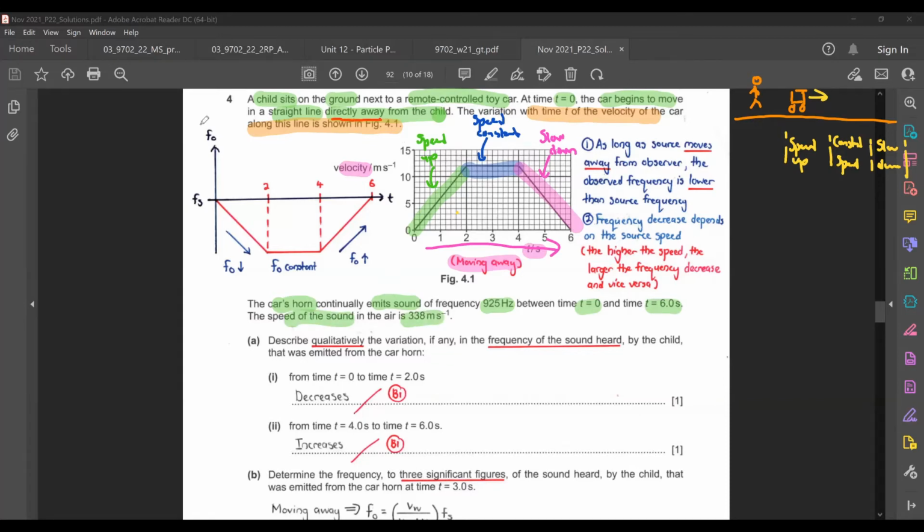They ask you to describe qualitatively the variation in the frequency of sound heard by the child that was emitted from the car horn. This one is talking about your frequency observed. So what is the variation of the frequency observed by the child when the car was moving between 0 to 2 seconds? What we do know is this.